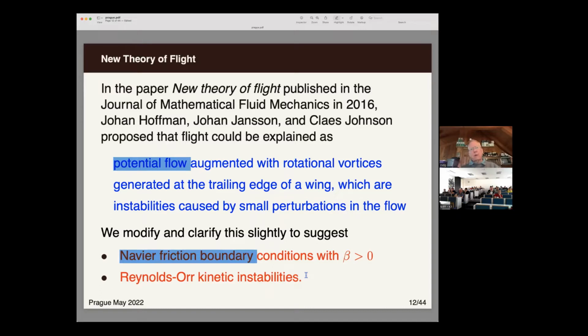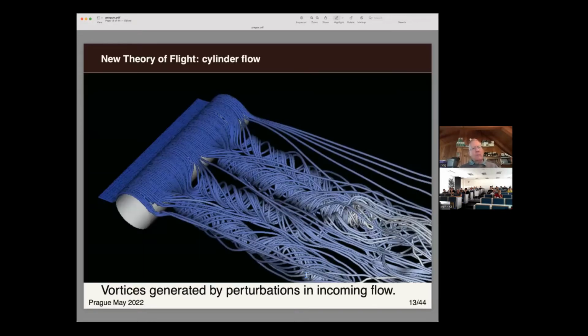So most of the lecture is going to be talking about what are Reynolds instabilities, what are the standard linear instabilities, how do they relate, and how do they match with what is seen experimentally and computationally. So what Johnson and co-workers found computationally is this picture.